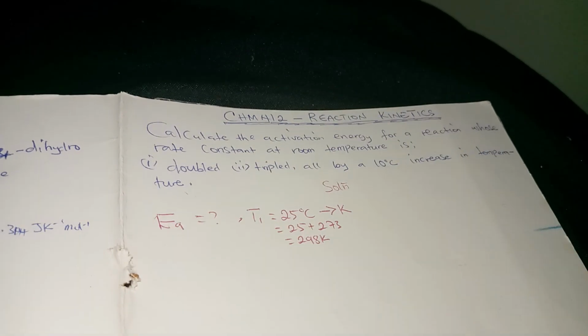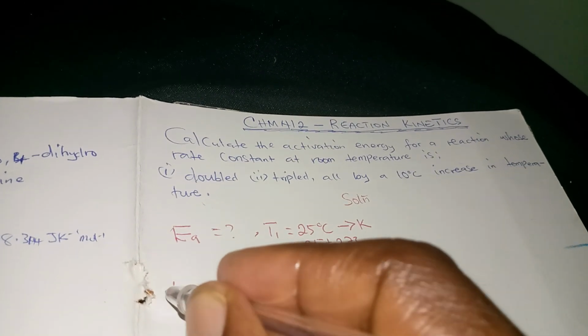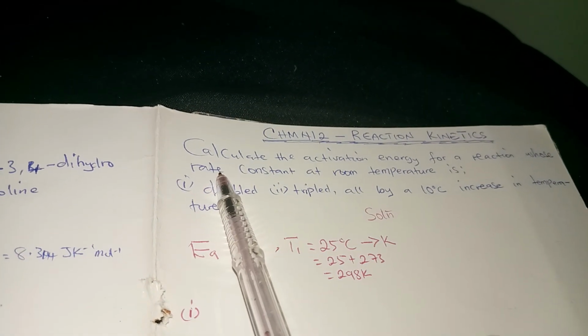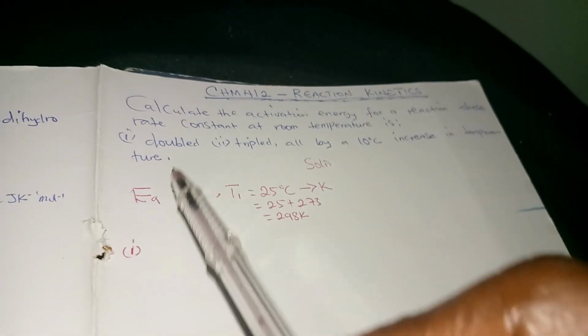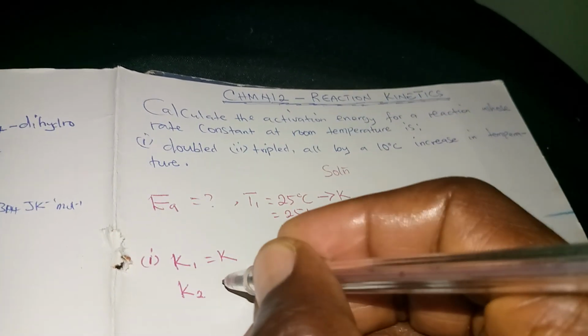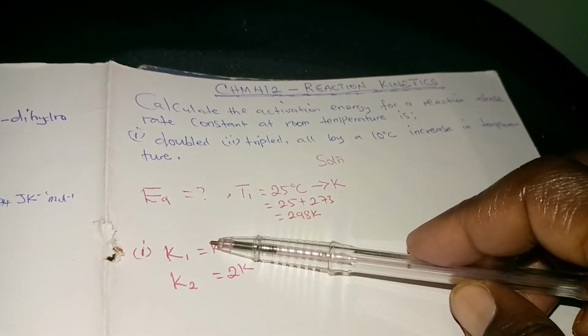So if the rate constant is double, it means there must have been a first rate constant that makes the second one double. So the first rate constant is K, where K stands for the rate constant. The second one, according to the equation, the rate constant 2, will be equal to double the first one.